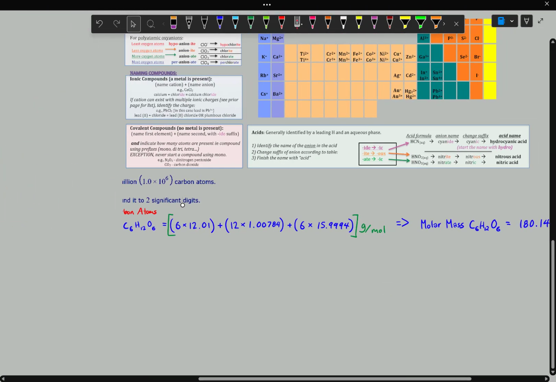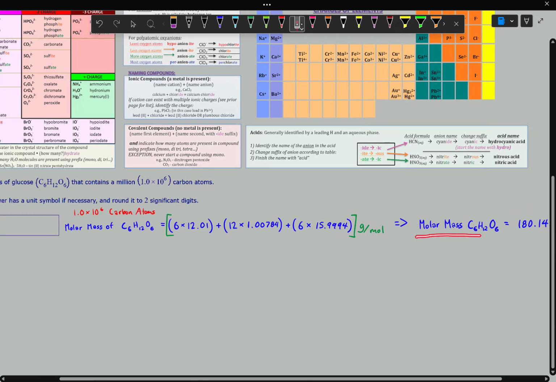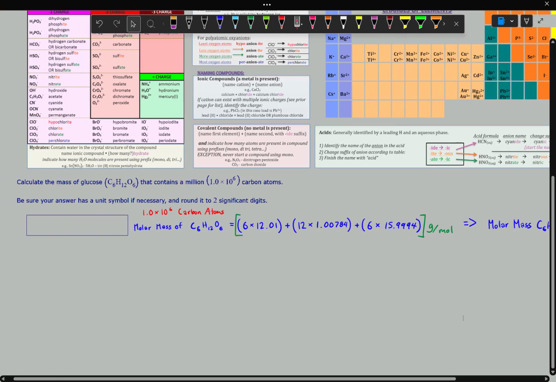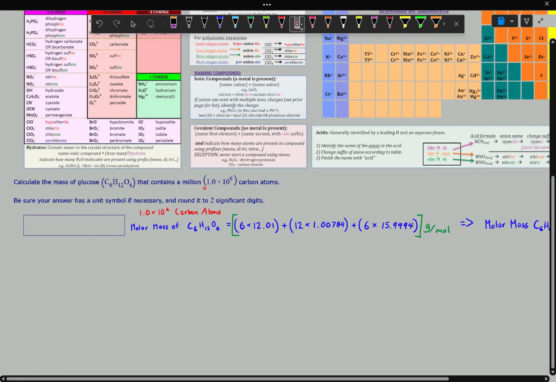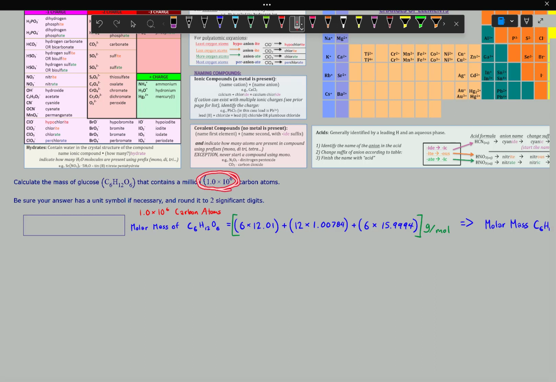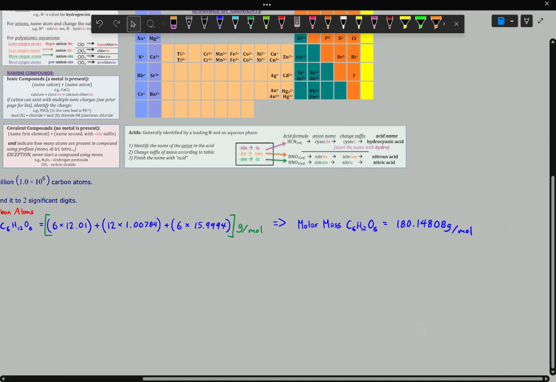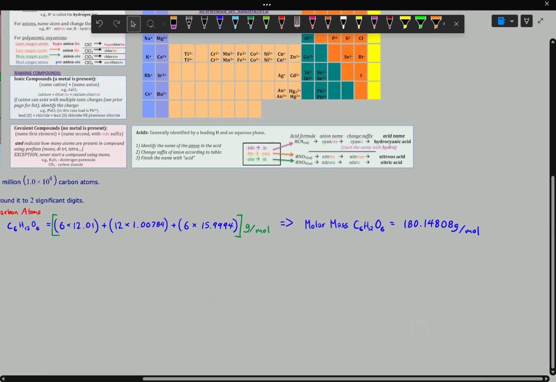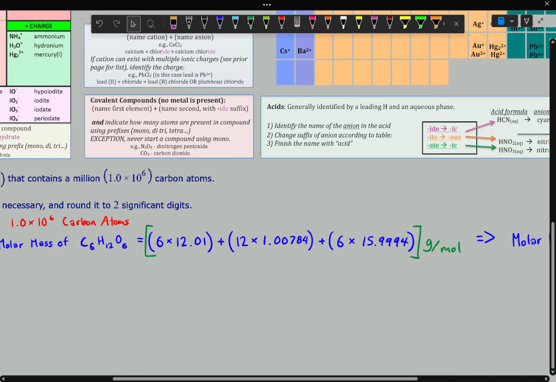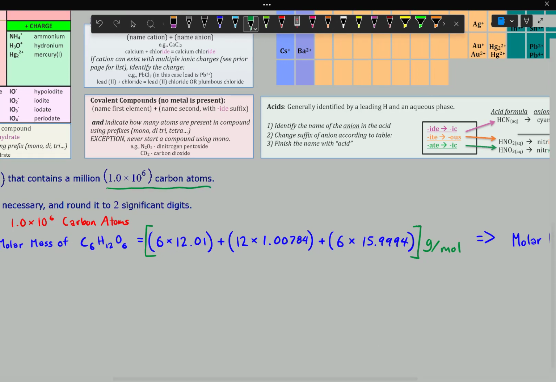So if we have the molar mass of the compound we want to find the mass of, and we also have a number of carbon atoms, we can do a little bit more dimensional analysis. What else can we deduce? Well, we have a number of carbon atoms.